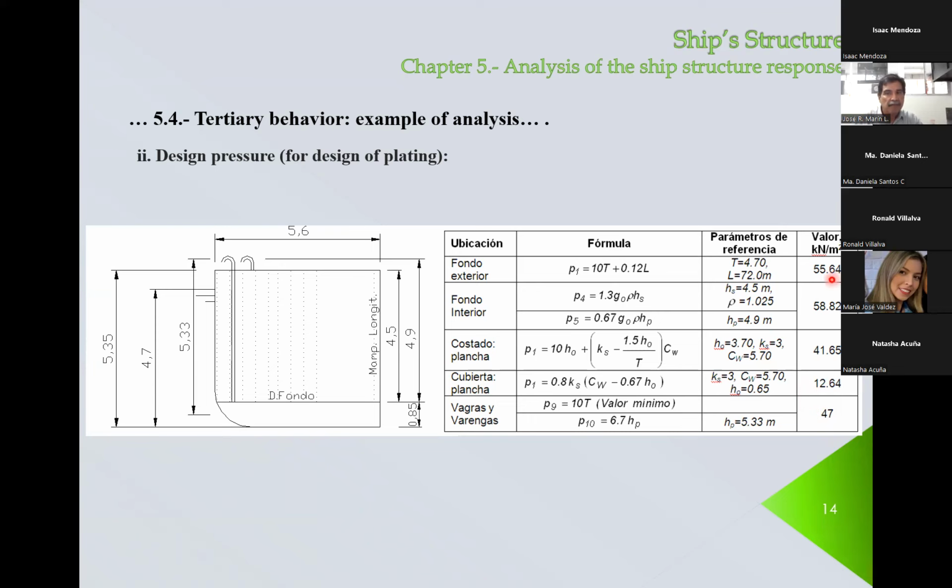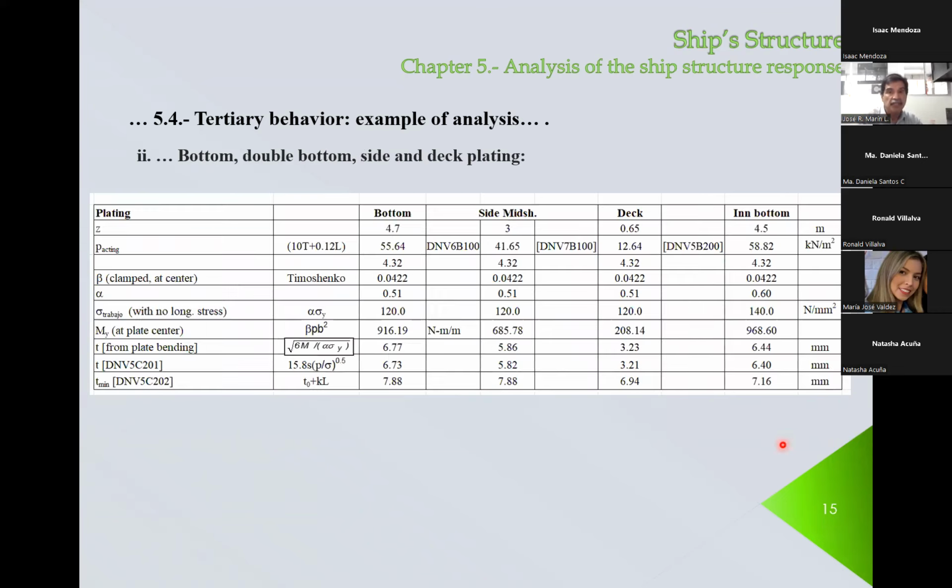Now, we have the value of pressure, we can proceed and calculate the thicknesses. For this, what I tried was to compare, for example, bottom, the side, deck, and inner bottom. These are the values that we had before. Here, this is the aspect ratio.